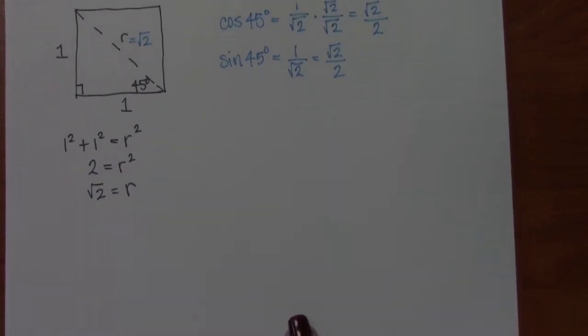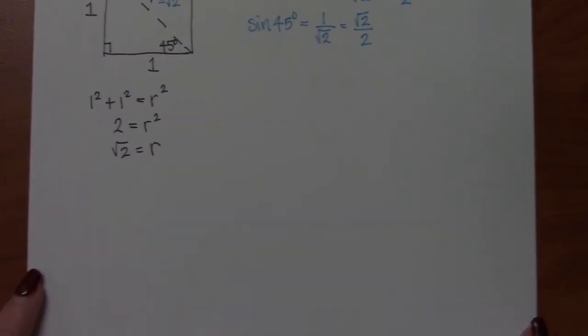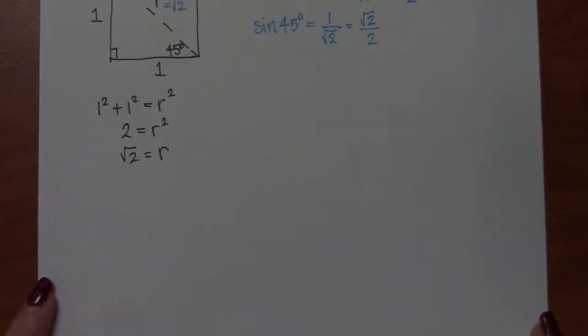All right, so let's look at 30 and 60. So for 30 and 60, I need an object, right, with all sides equal to 1, but I need to have an angle of 60 degrees.